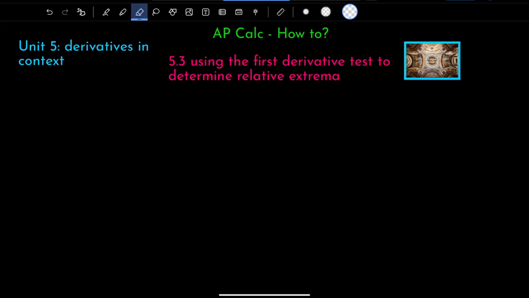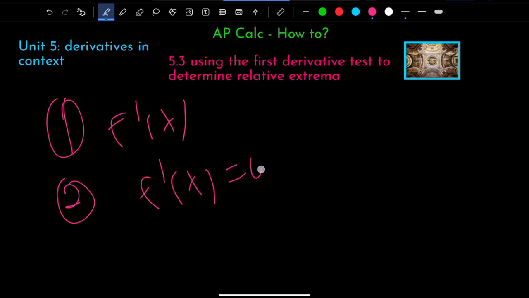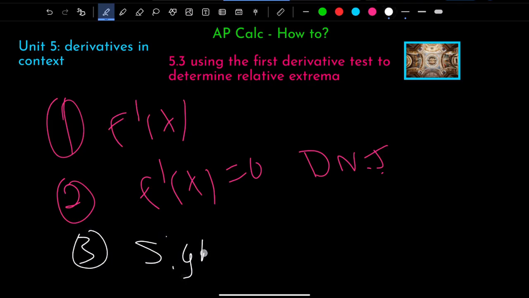Step by step. Step 1, we need to find the derivative of a function f of x. Step 2, find critical points where f prime of x equals 0 or does not exist. Step 3, we need to make a sign chart.